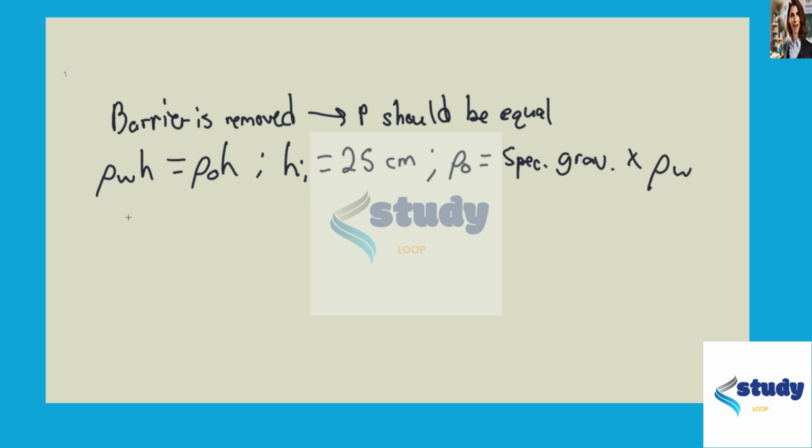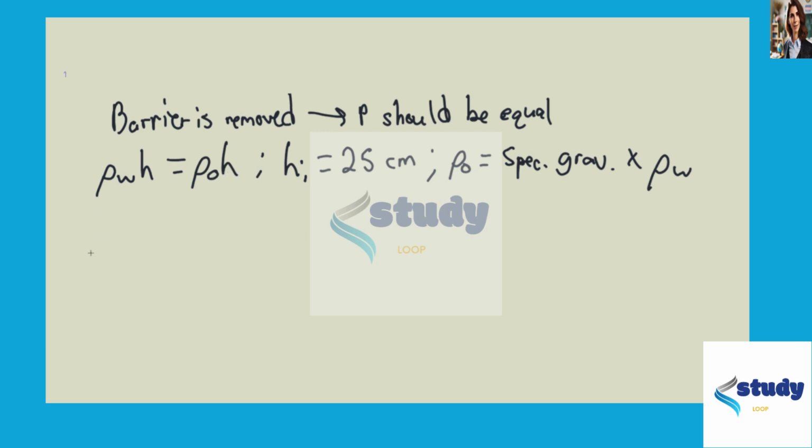So here we're going to have to substitute for these, and because the density of the water is greater than the density of the oil, the height of the water will actually decrease while the height of the oil is going to increase.